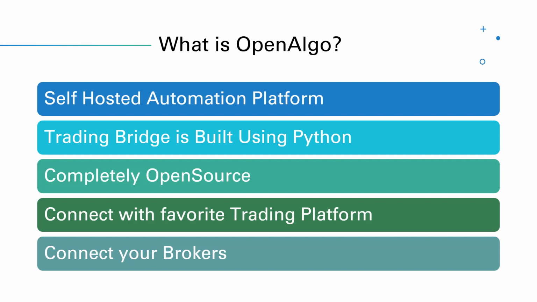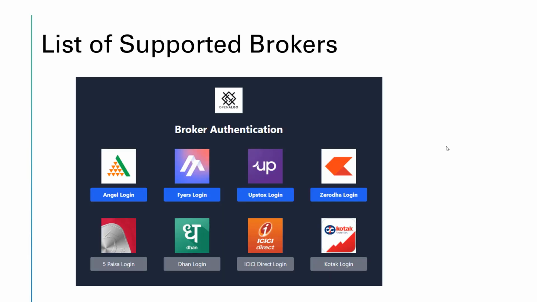And the best part is it's 100% open source, which means you can download the complete code and you own OpenAlgo. You can connect with your own favorite brokers to automate it. Here is the current list of supported brokers. Right now I have integrated Angel, Fyers, Upstox, Zerodha, and very soon we'll be integrating 5paisa, Dhan, ICICI and Kotak.